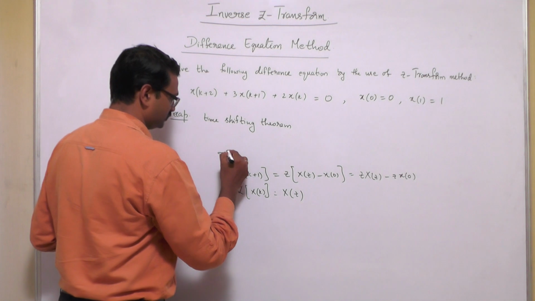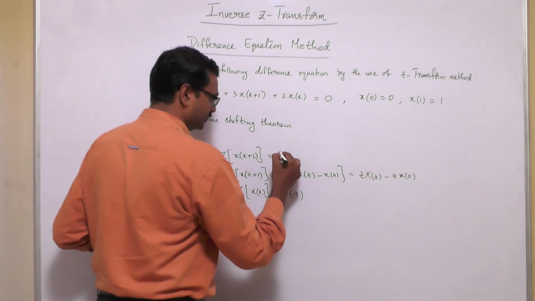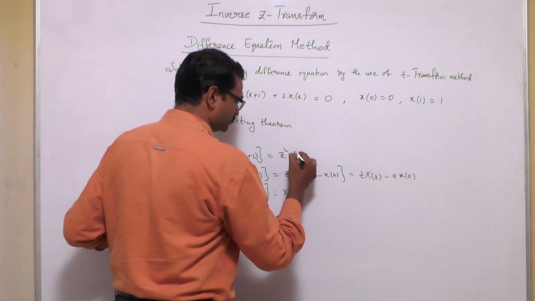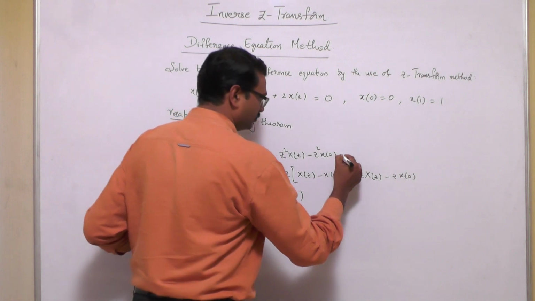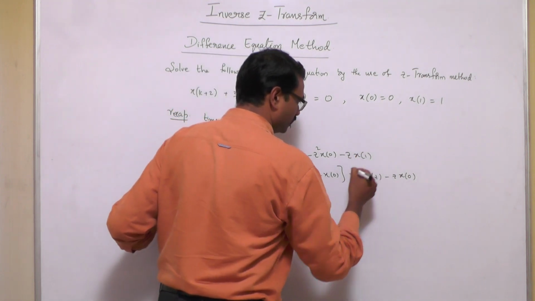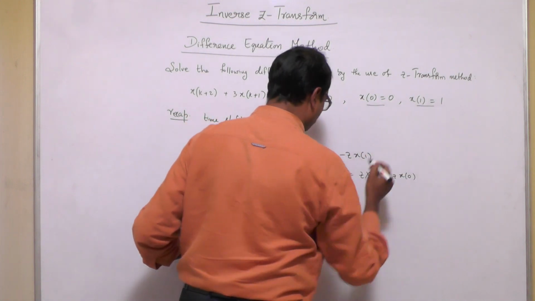Similarly, the Z transform of x of k plus 2 you can write as z square x of z minus z square x of 0 minus z x of 1.